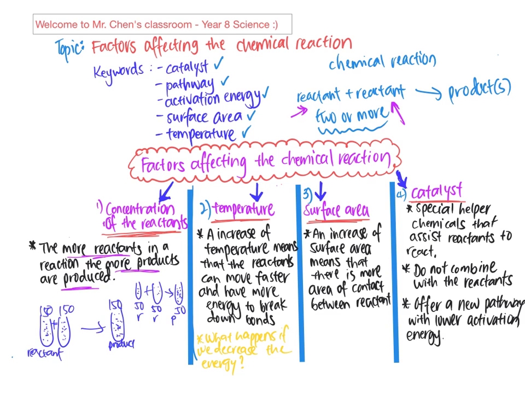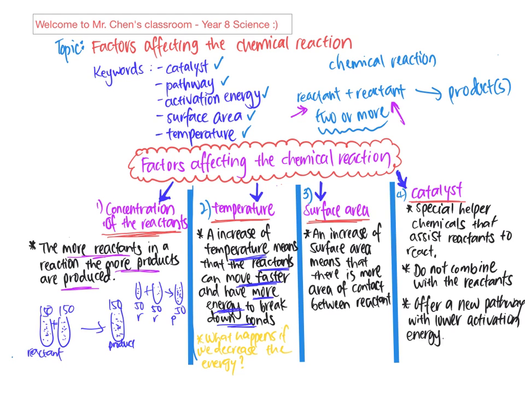Second one is temperature. Have you realized sometimes we heat things up to start the chemical reaction or to speed it up? An increase in temperature means that the reactants can move faster and have more energy to break down bonds. When you break down bonds, you join with other reactants to form a product.